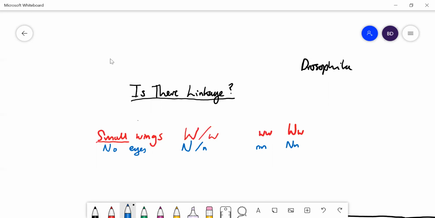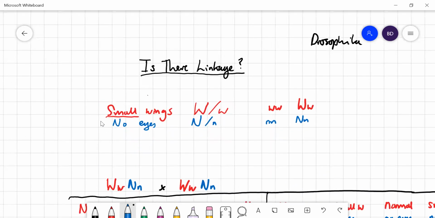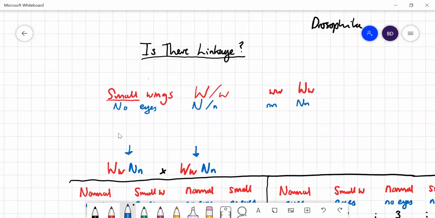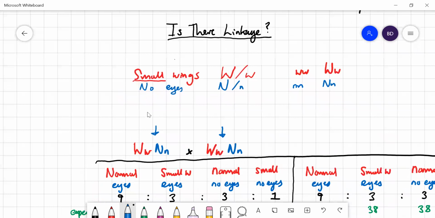Okay, so we're going to do a cross between two double heterozygotes. So there we've got a male and a female heterozygous for both of those genes. Now, let's think about the possible phenotypes. We'll just look at the left-hand column for the time being.